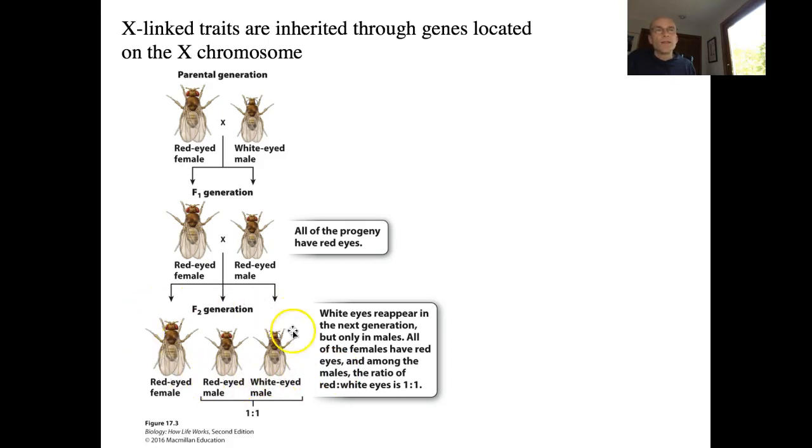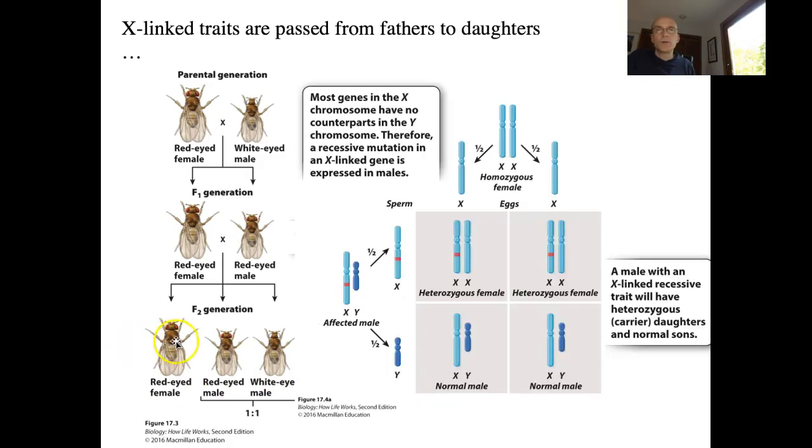So this conundrum is what Morgan studied, and what eventually led him to the insight that this had to be a trait that resided on the X chromosome. And let me show you how you can deduce that from looking at sex chromosome segregation.